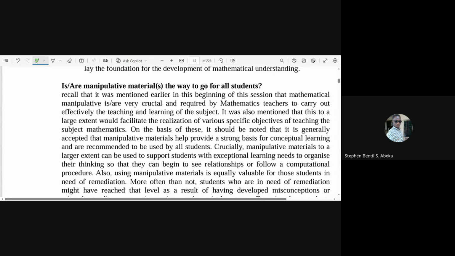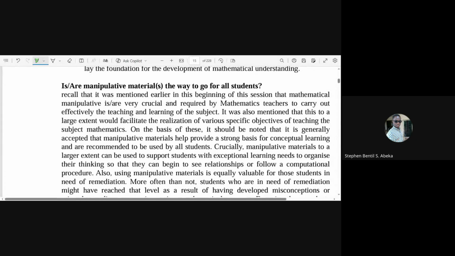So, I think manipulative materials should be for all students. The reason being that it is from known to unknown, where the concrete is, where the child is able to feel, hold, and make good use of whatever apparatus he or she has been given to understand the concept of mathematics.